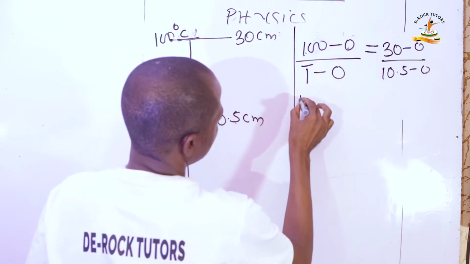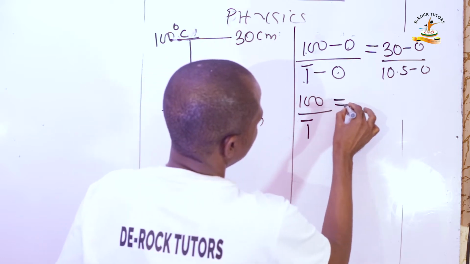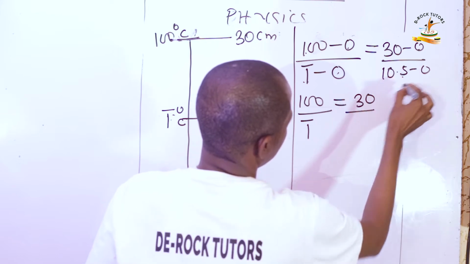So 100 minus 0 gives us 100 all over T minus 0, also gives us 30 minus 0, that's 30 all over 10.5 minus 0.